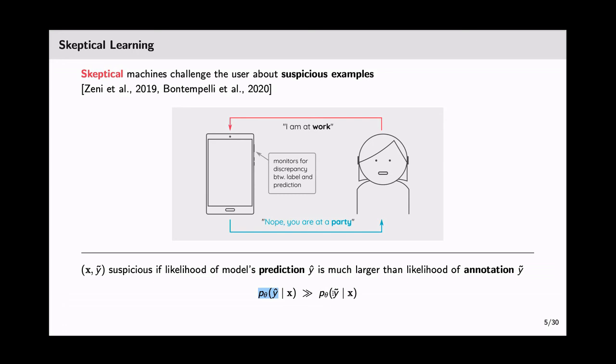If the probability is close to the threshold, I'm not certain about the location of the user, and in this case I would also be skeptical. Not only about the user's label, what the user says, but also about my own prediction. So there are two levels of uncertainty.